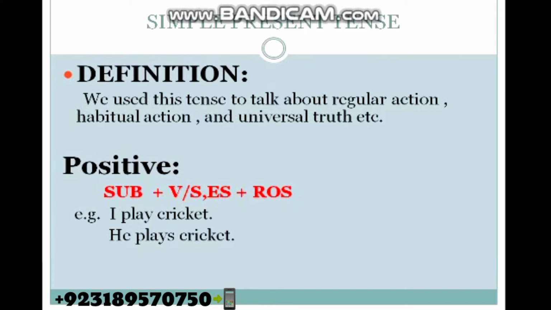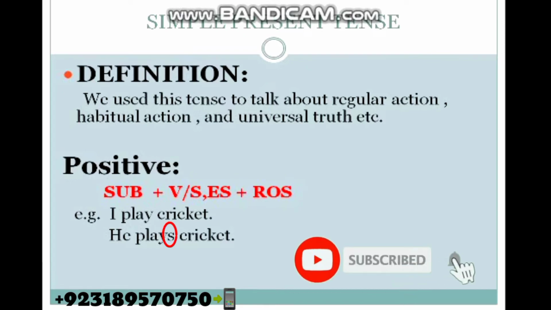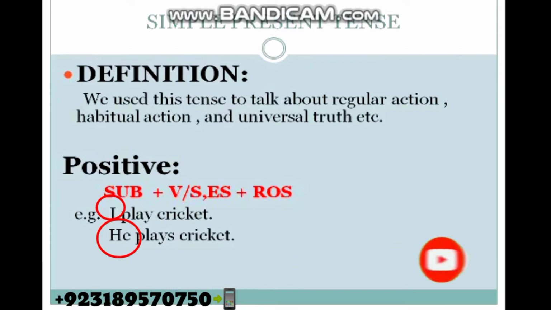There is a specific rule which is mentioned in the coming slides. I will show you what they are. In I play cricket, with I, we, you, they we don't use s/es at the end of the verb, but with he, she, it, and with the singular noun we will use s/es at the end of the verb.